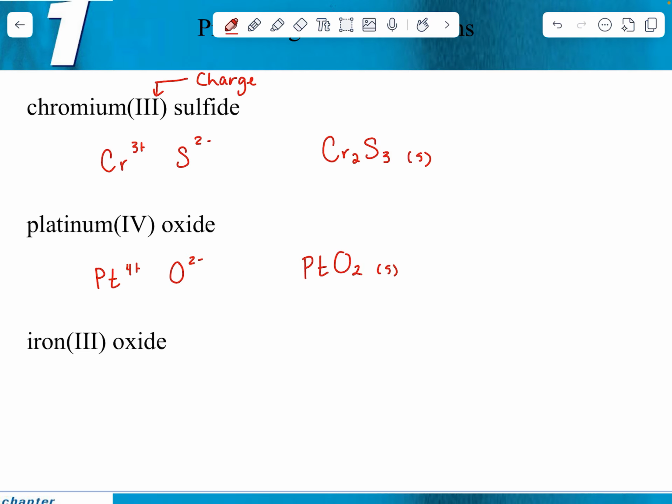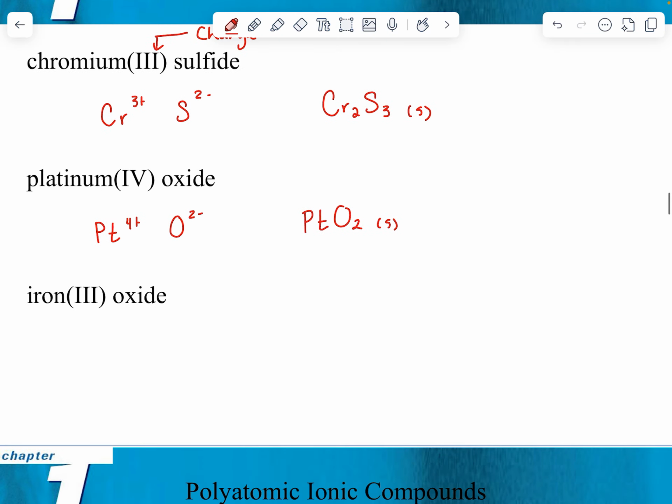And the last one, iron 3, means we have Fe3 plus, oxide is 2 negative, so we would have Fe2O3 solid.